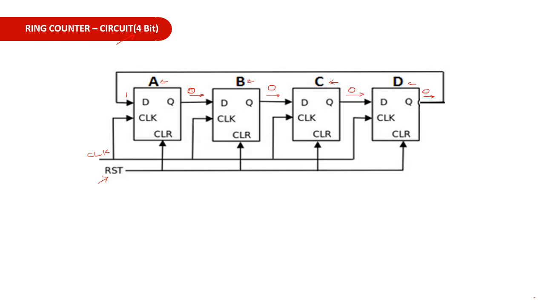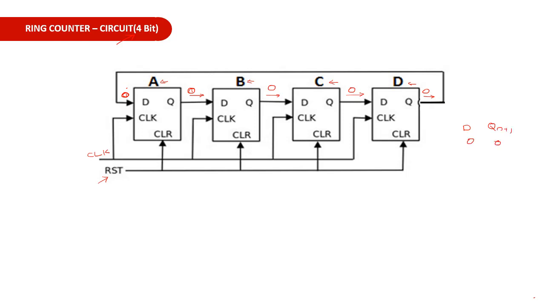Now here you can see that each and every output is 0, so the input of flip-flop A is again 0. Now if you give the clock pulse, when it is 0 at the input of a D flip-flop, the next state output will be 0.